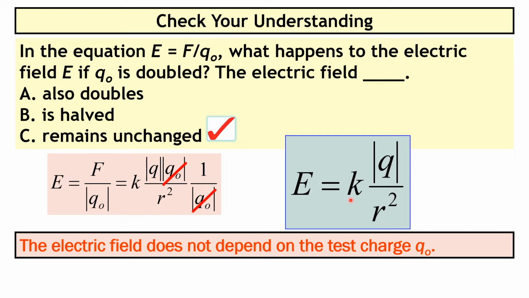It is the center charge. So the center charge is the variable that may affect the electric field. As you can see in the formula, the greater the amount of the center charge Q, the greater is the electric field, or the electric field around that center charge Q.